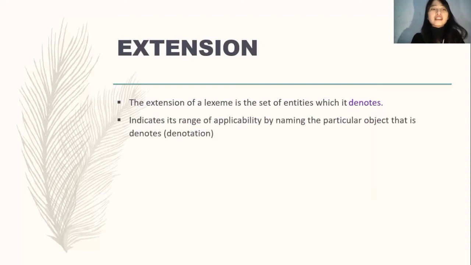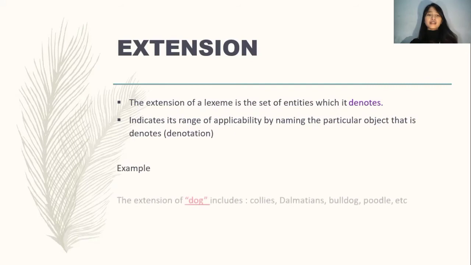That indicates its range of applicability by naming the particular objects that it denotes, or denotation. So extension means a general meaning or general kind of something.